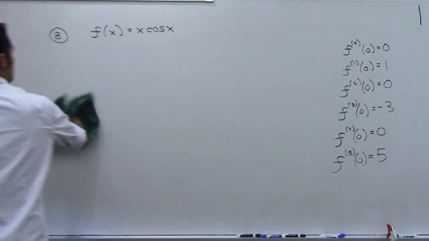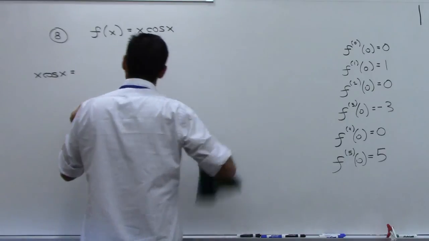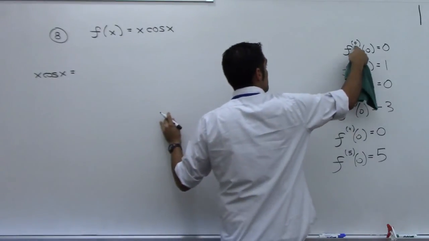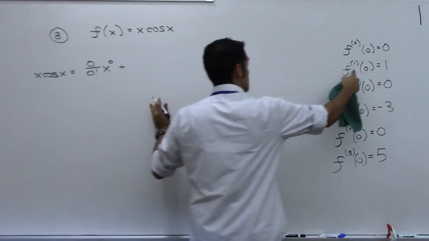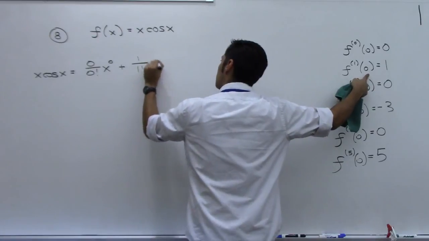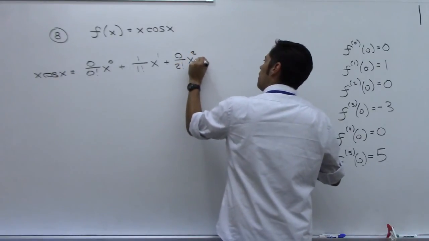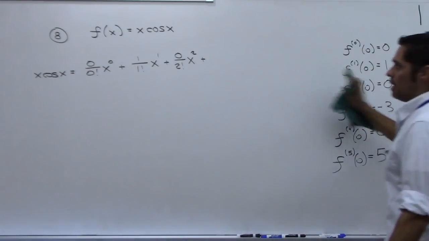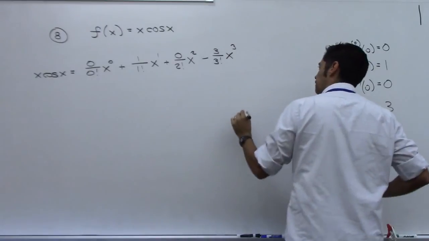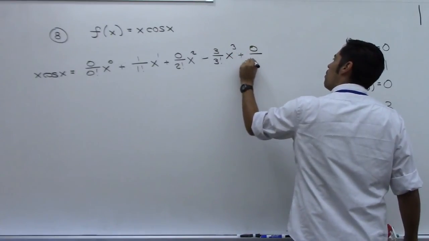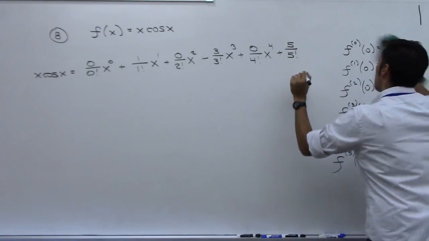So I know that f of x, x cosine x, should be equal to, remember I'm getting my c sub n right now, so it's the zeroth derivative at 0, which is 0, over 0 factorial x to the 0, plus now the first derivative at 0, which is 1, over 1 factorial x to the first, plus now 0 over 2 factorial x squared, then plus, actually we know what's going to happen with the third, I'm going to get minus 3 over 3 factorial x to the third, and then plus 0 over 4 factorial x to the fourth, and then the 5 was a positive, so plus 5 over 5 factorial x to the fifth.